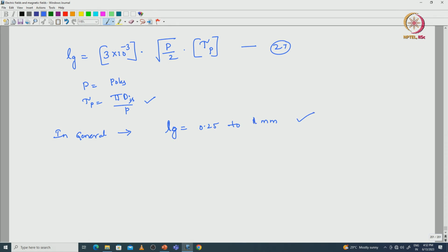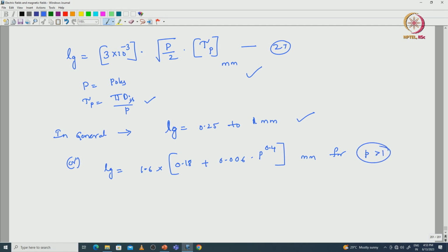Another equation to find the air gap length, which we can utilize, is Lg = 1.6 × (0.18 + 0.006 p^0.4) in mm, and here also the length of the air gap will be in mm, for pole pairs greater than 1.